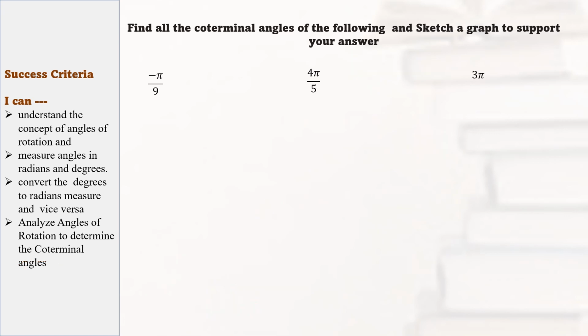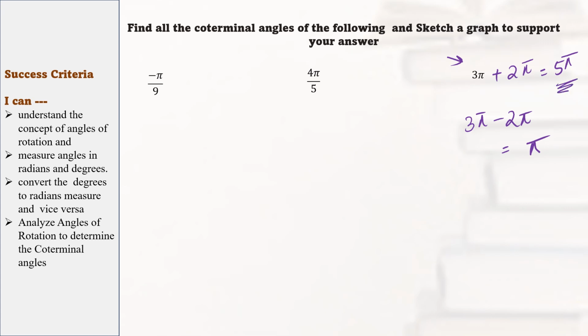Now let's see 3 pi. Okay, so 3 pi, one time I will make plus 2 pi and one time I will make minus 2 pi. But let's see here. 3 pi plus 2 pi gives me 5 pi and 3 pi minus 2 pi gives me 1 pi. But I told you in the start, let's find out a positive and a negative coterminal angle.